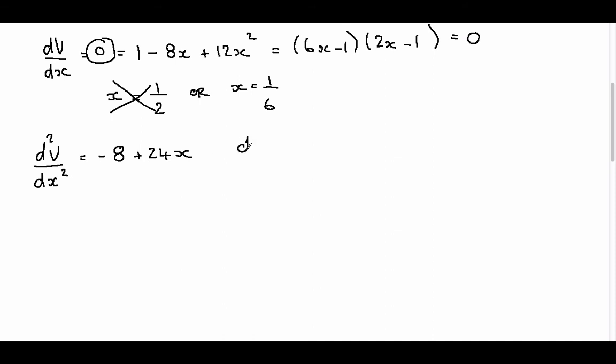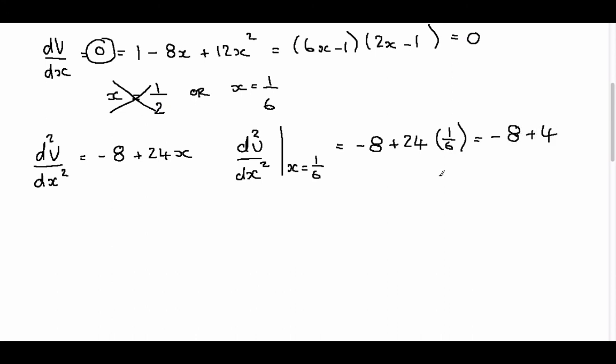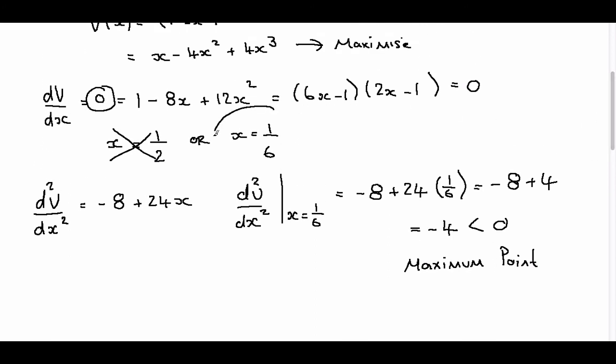Now what we need to do is evaluate this at x equals 1/6, and so that gives us minus 8 plus 24 times 1/6, which is minus 8 plus 4, which is equal to minus 4, which is less than 0. As it's less than 0, that tells us that we have a maximum point. So we know that x equals 1/6 gives us a maximum.